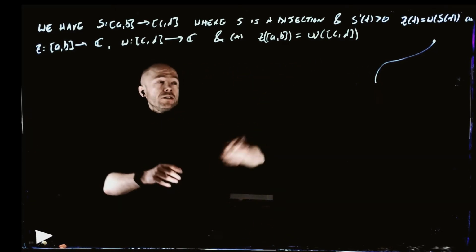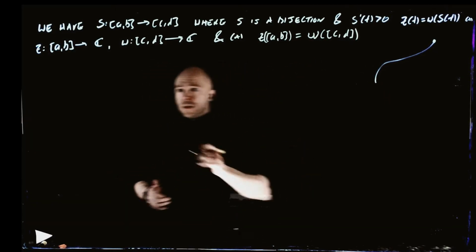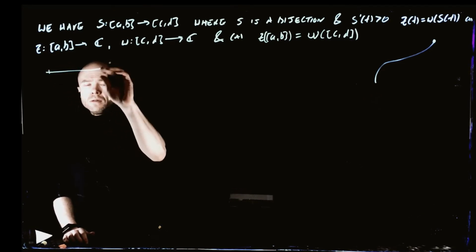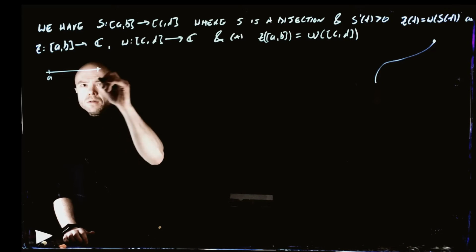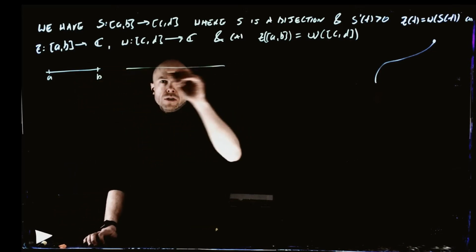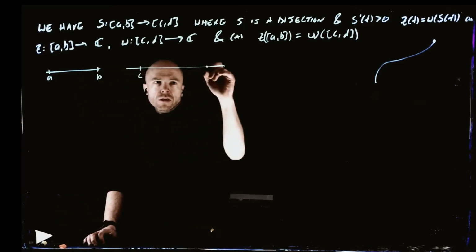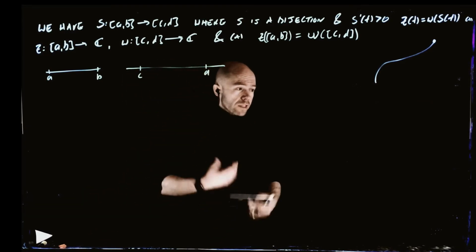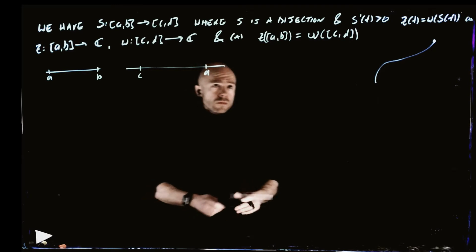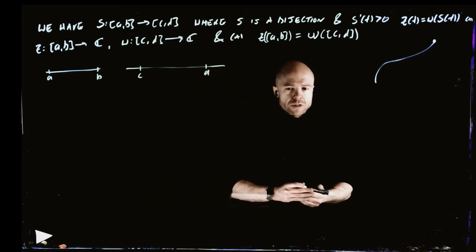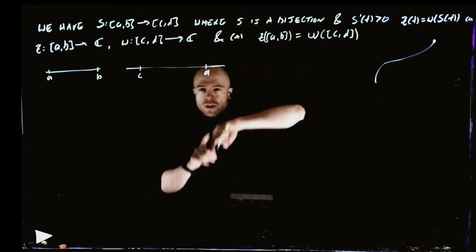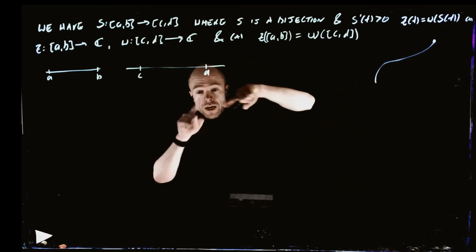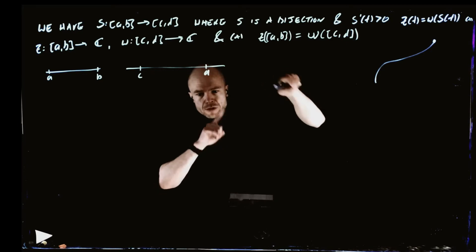But the S itself is reparametrizing the interval AB to the interval CD, okay? And you can think about this as a kind of rescaling of time. A nice metaphor to think about functions from the interval into the complex numbers or into the plane is to think about it as the motion of a flying bee with respect to time.